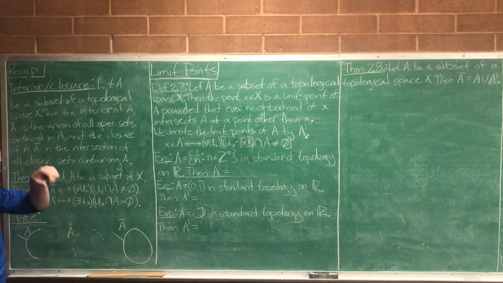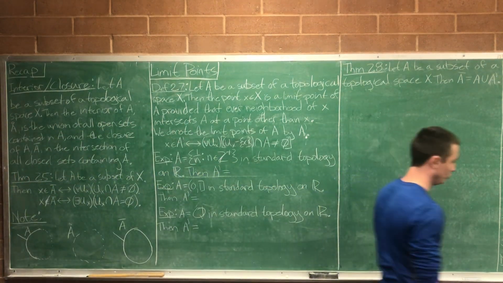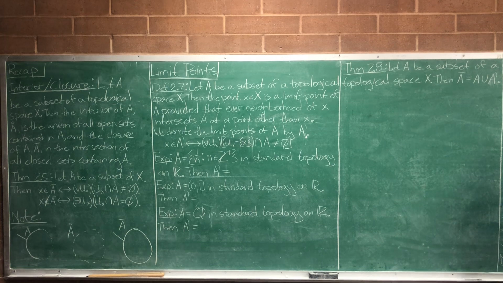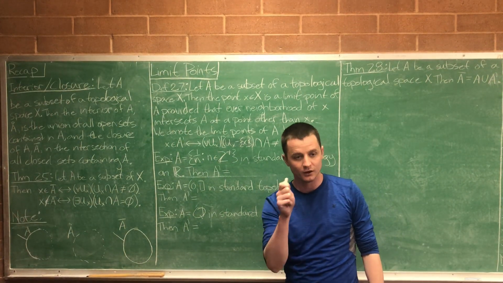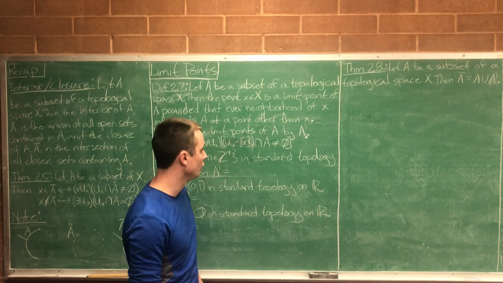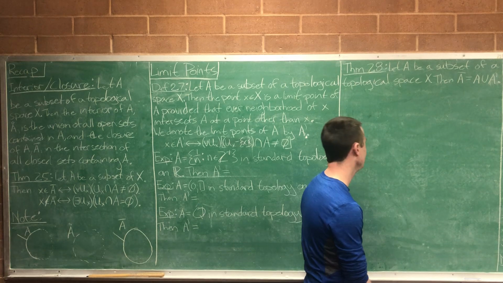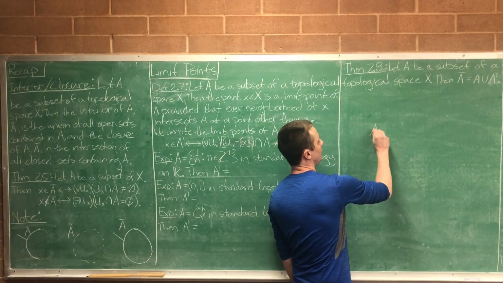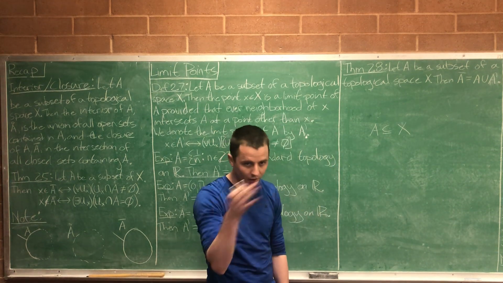Okay, so quick recap of what we covered last time. Section 2.1, the section we did last week, was on the interior and the closure of a set. We already had a notion of open sets and closed sets in a topology. Now we look at A, where A is a subset of X, and X is any topological space.